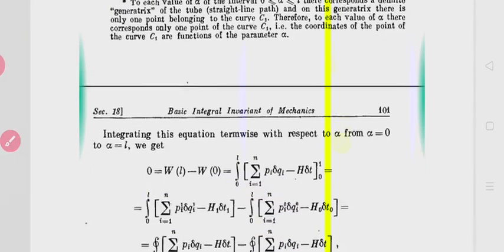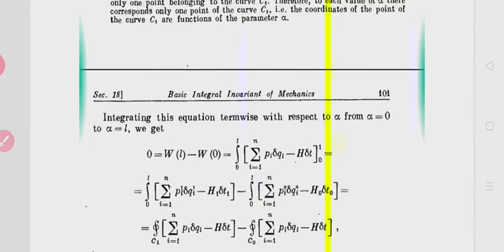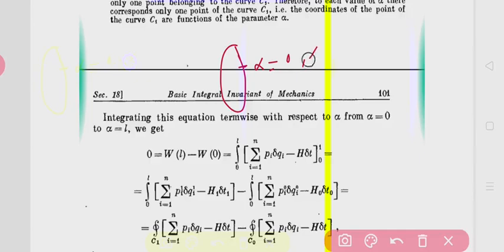You know that at the curve C0, the point at alpha equal to 0 and the point at alpha equal to L are the same. So W of L minus W of 0 is actually the same, so that will be equal to 0.